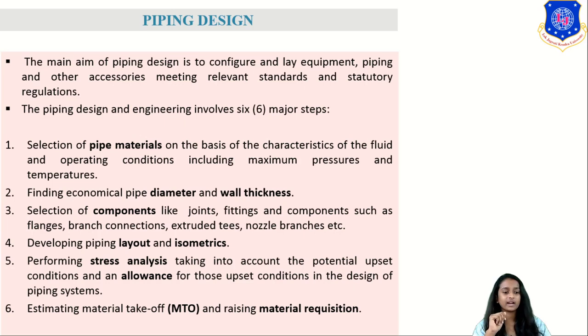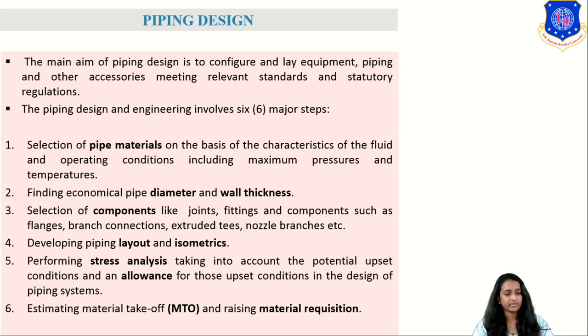What is piping layout? Piping layout means the overall dimensions of the piping system, involving reactors, equipment, pipes, flanges, valves, etc. What is an isometric? An isometric is a 3-dimensional overview of the piping system in a 2D way. In the fifth step, we perform stress analysis and allowance for the piping system.